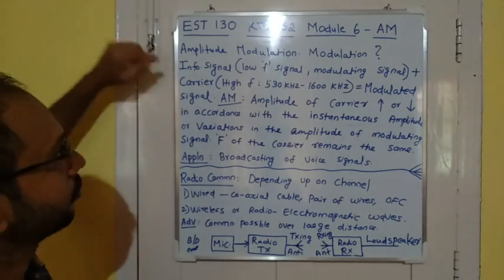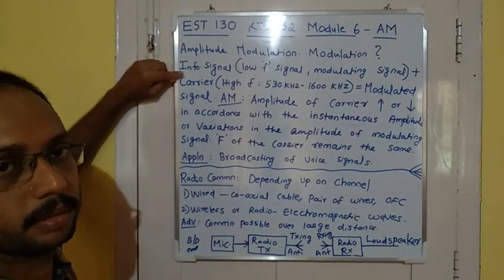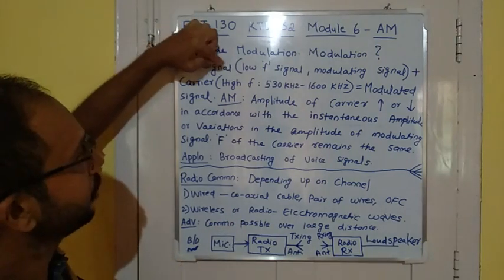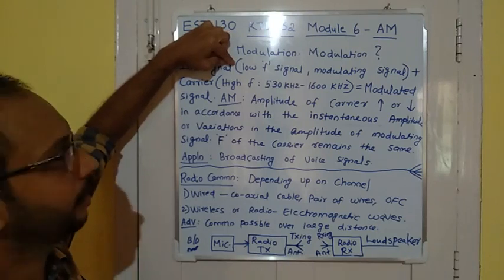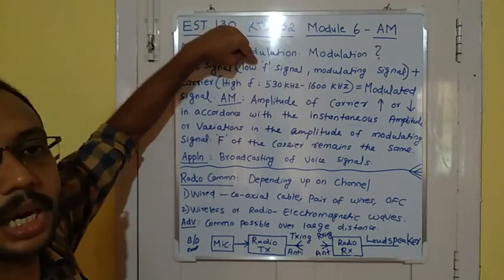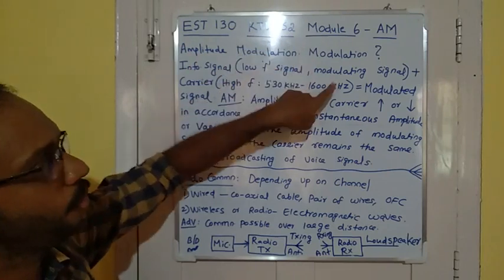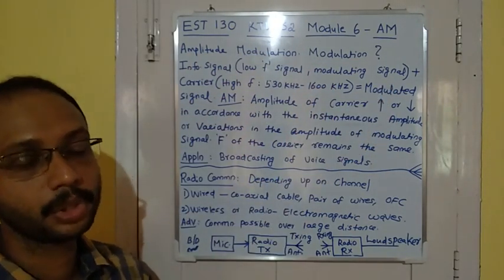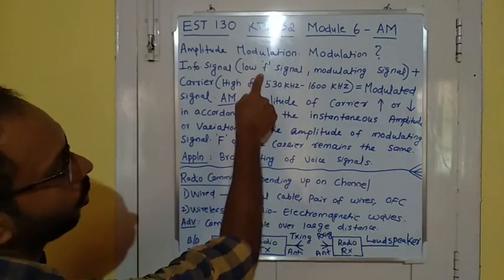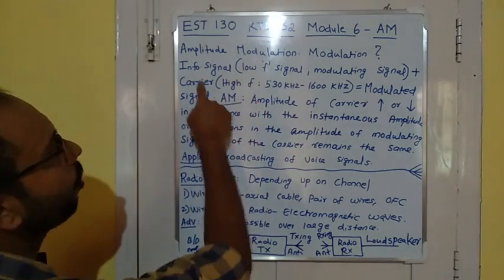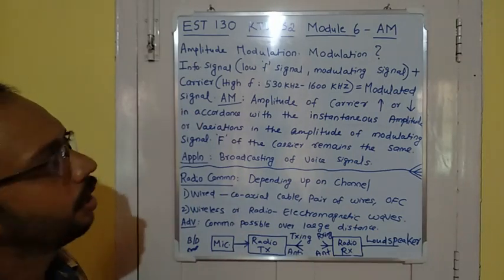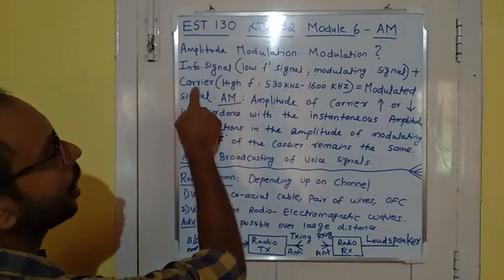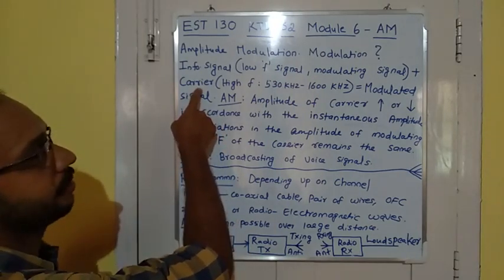That means the information signal, or the information we are getting. Information signals are low frequency signals; another name for the information signal is the modulating signal. So this modulating signal, or low frequency signal, is superimposed onto a high frequency signal, that is the carrier signal.